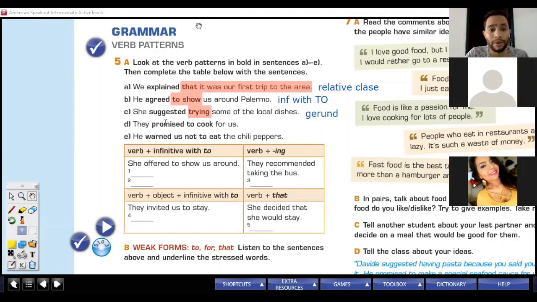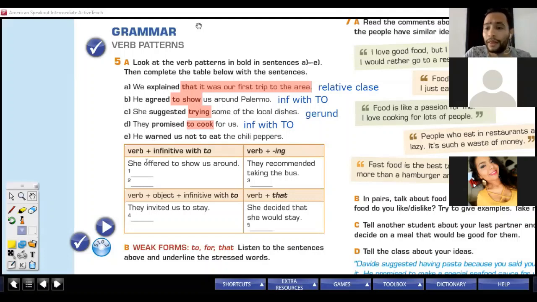So one more time, we got the verb promised, and after promised, we got the word to cook, which means that after this verb, we normally use infinitive with to. So it's right here, inf, just like this. So they promised to cook for us.